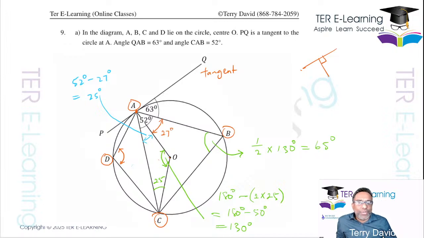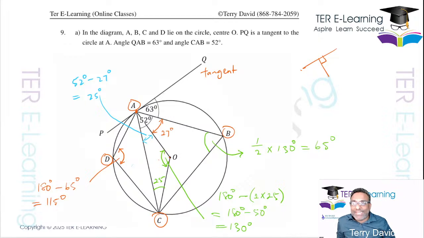Opposite angles in a cyclic quadrilateral are supplementary. That's the reason. So to work out this angle, we say 180 degrees minus 65, and you're going to get 115. So it's going to be 115 for that answer. The reason is that opposite angles in a cyclic quadrilateral are supplementary. You all need to say that to get the mark. There are some rules that we need to know.